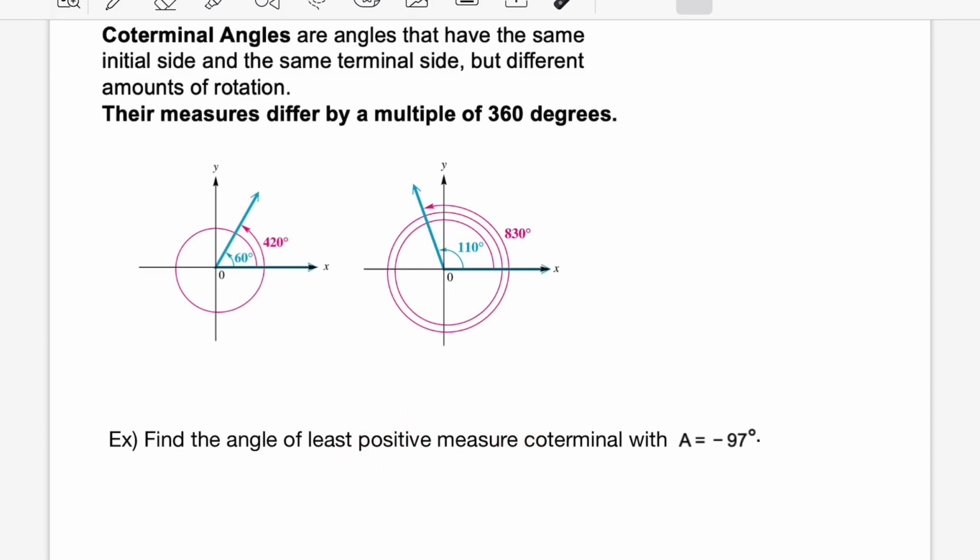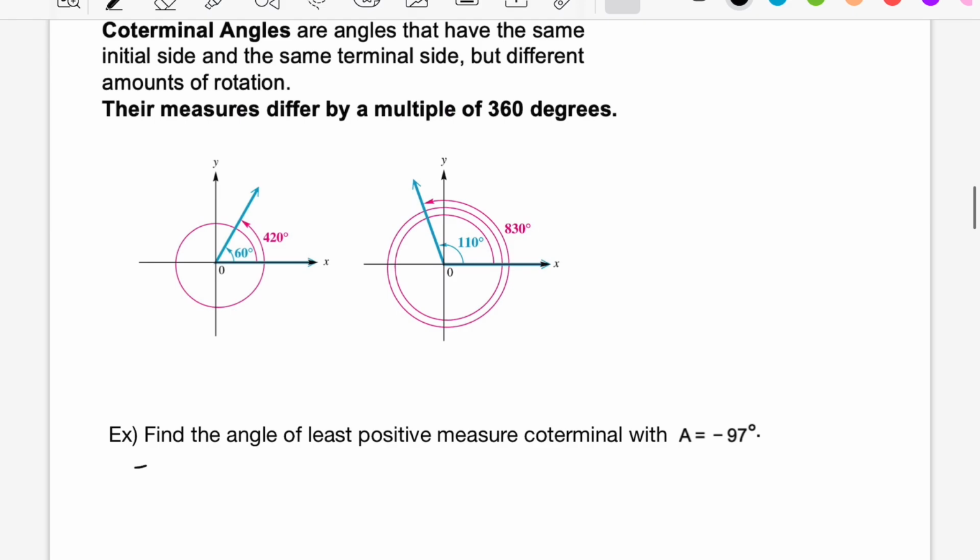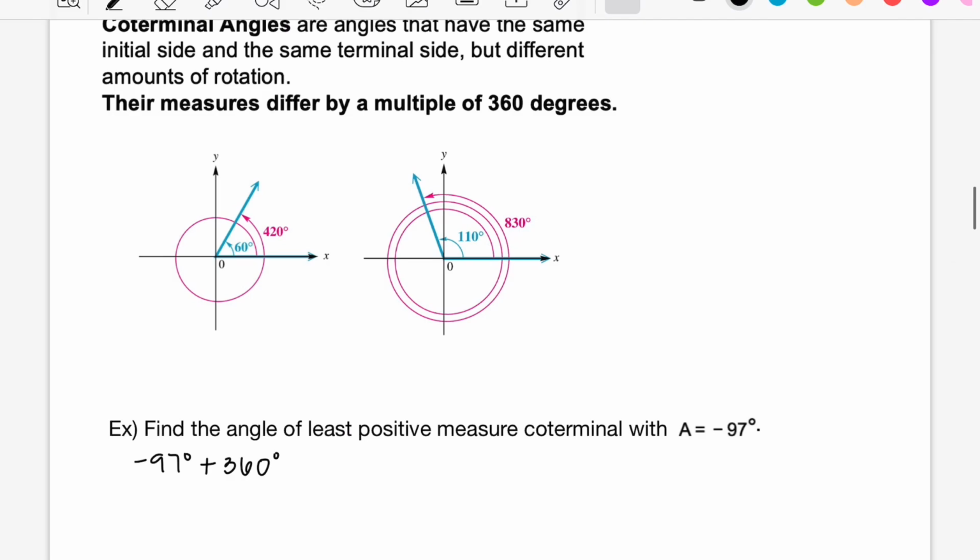So we have negative 97 degrees, and we're going to add 360 degrees to this, because if an angle is coterminal with A, they'll just differ by 360 degrees. Adding these together, we get 263 degrees. So that angle would be coterminal with negative 97 degrees.